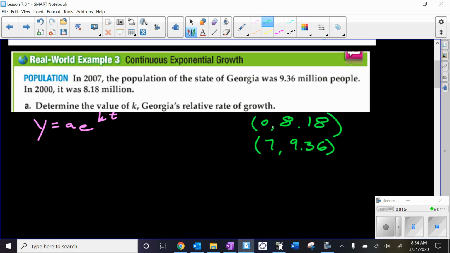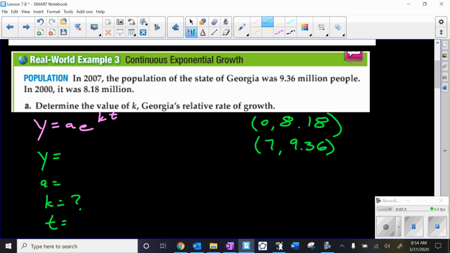Okay, so to plug some of this stuff in, remember a, we're going to write down each one of these in here. I'm going to go y equals, a equals, k equals, and t equals. That way I know which ones I'm plugging in for. My question asks me to solve the value of k, so that means I don't know this one. A is your initial value, so this is your initial population.